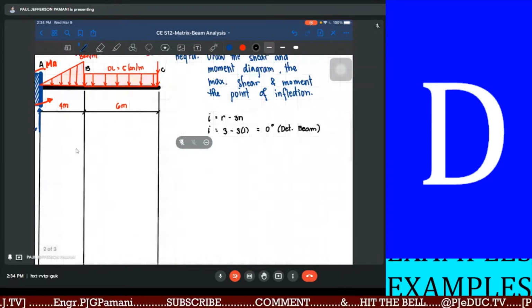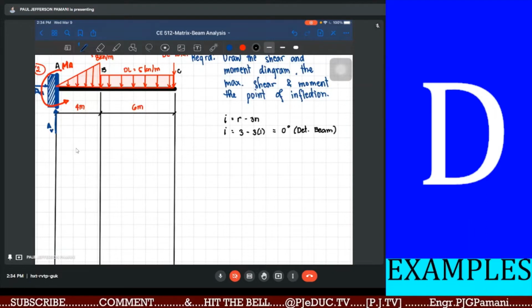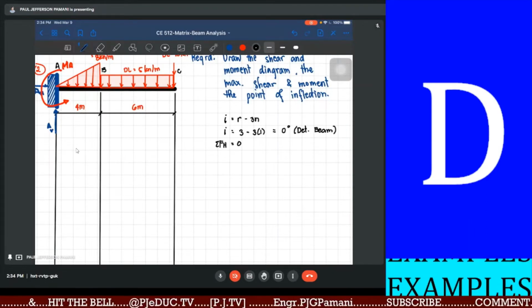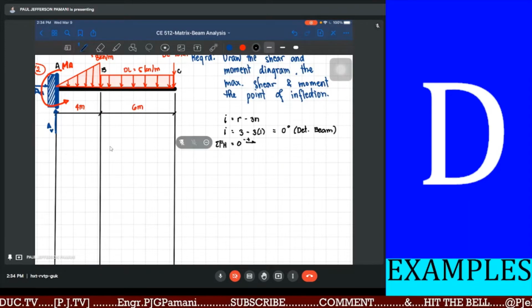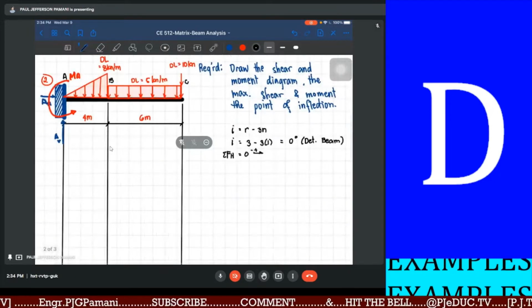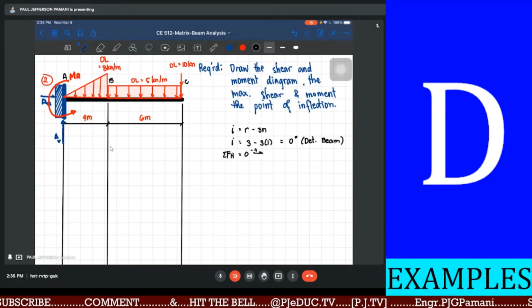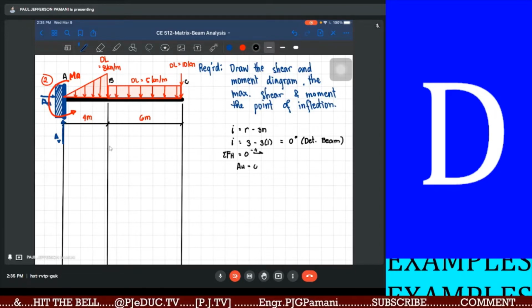So, how do we first solve the reactions here? Ano na yung unahin natin? Yung pinakamadali na muna. Summation forces horizontal. As you can see here, there are no applied axial forces on our given example. Wala tayong external axial force. So, kung walang axial force or horizontal force, basically, we have now AH equal to 0.